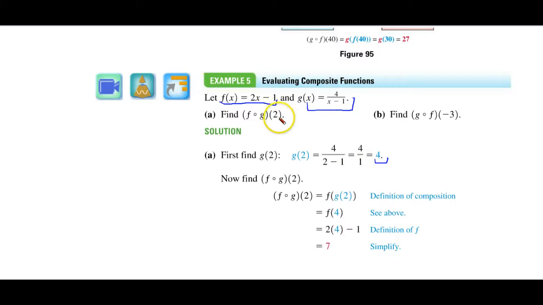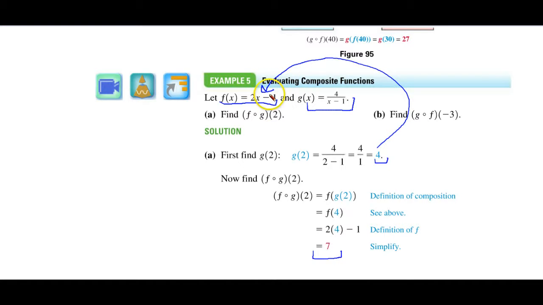So using this in our g function, we get a 4. We now take the 4 and put it into our f function, which is 2 times 4 is 8, 8 minus 1. Our end result is 7.